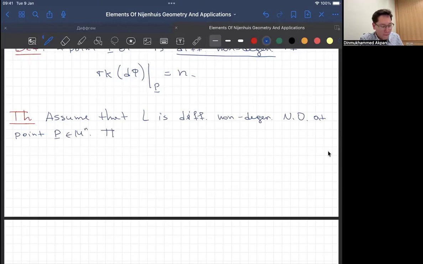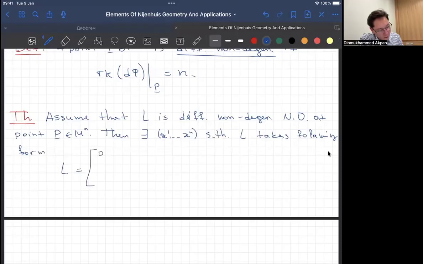Then there exist local coordinates x1, ..., xn such that L takes the following form: the first column is x1, x2, ..., xn, with ones on the superdiagonal and zeros elsewhere.